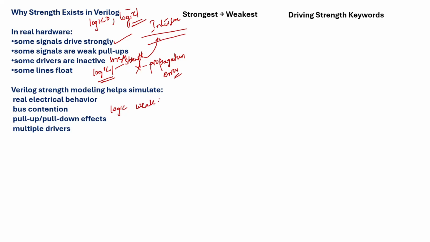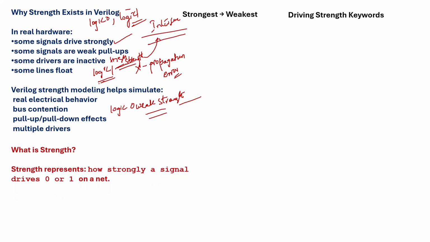Who is winning the race here, logic 1 or logic 0? Logic 1 has high strength, logic 0 has low or weak strength, so logic 1 wins the race, right? Here we have different types of operations like AND operation, OR operation, all these things.